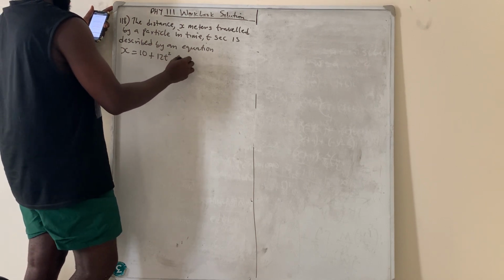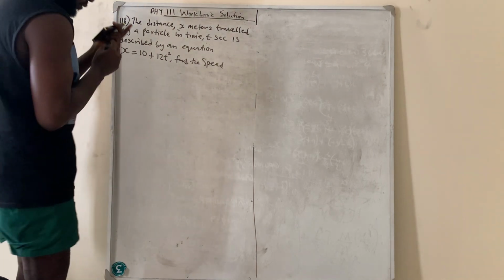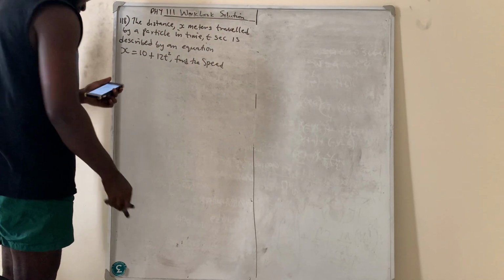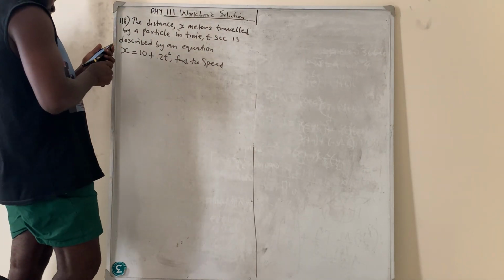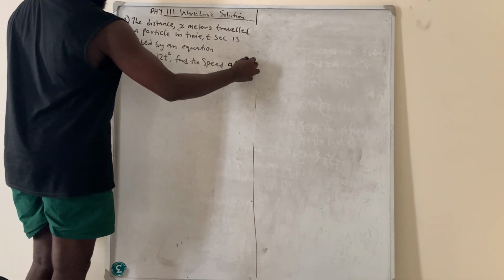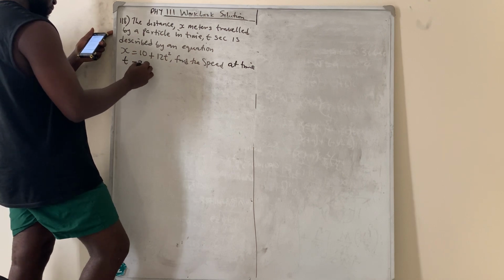We now say find the speed at time t equal to 2 seconds.